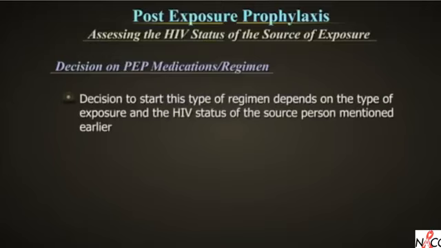The basic thing that needs to be understood is that for any suspected HIV exposure through a needle, the answer lies in PEP within 72 hours, or 3 days. That's the main thing. The decision to start this type of regimen depends on the type of exposure and the HIV status of the source person mentioned earlier.